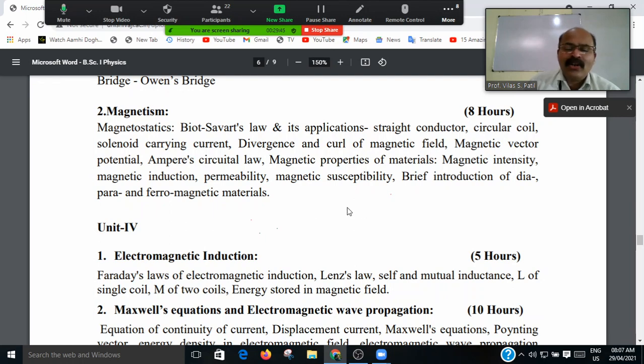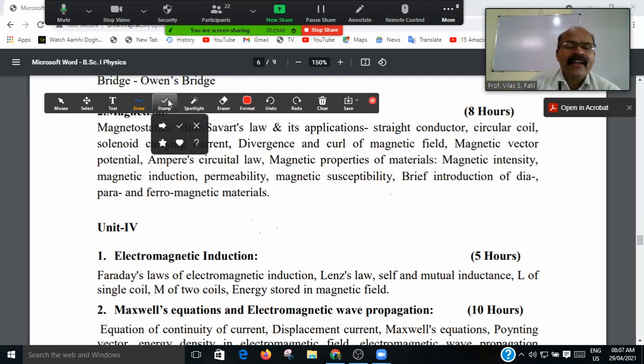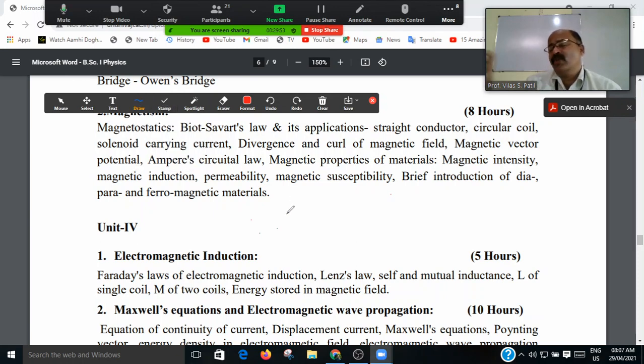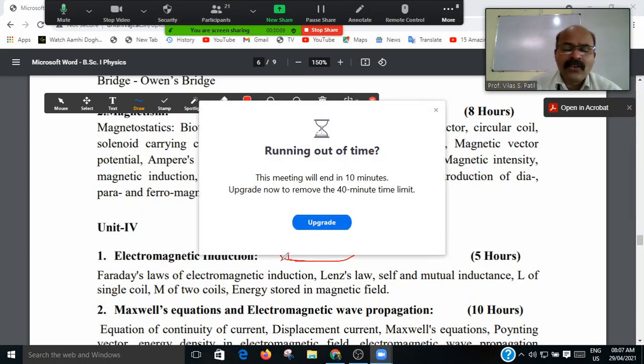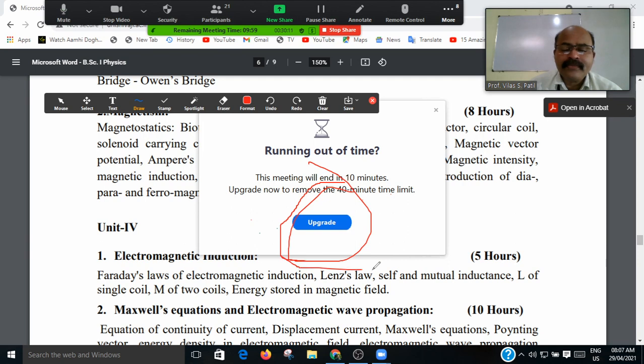Consider there is a solenoid. In the last case we saw the straight solenoid, but here the solenoid is circular. Consider that this is the circular solenoid.